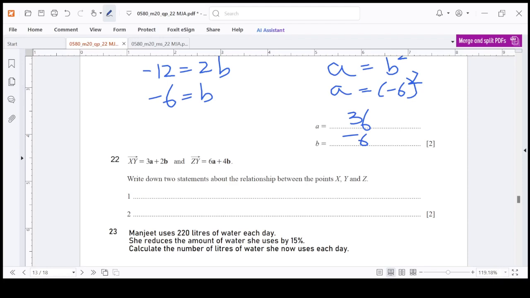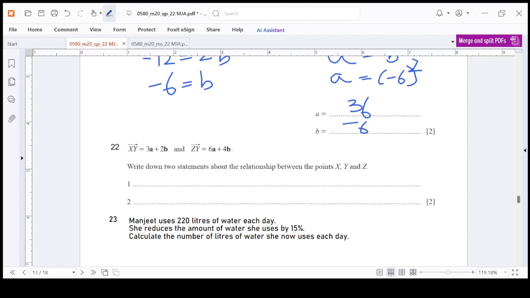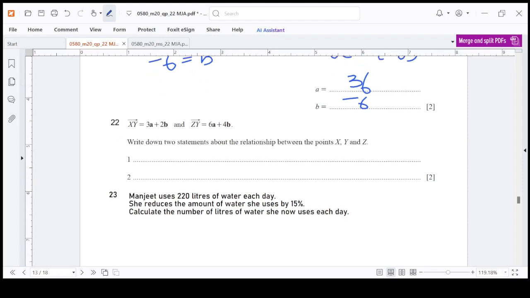Question 22: xy vector is 3a plus 2b and zy vector is 6a plus 4b. Write down two statements about the relationship between points x, y, and z. Okay, notice that if you double 3a plus 2b, you get 6a plus 4b.